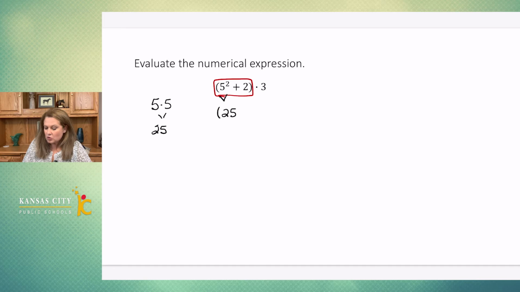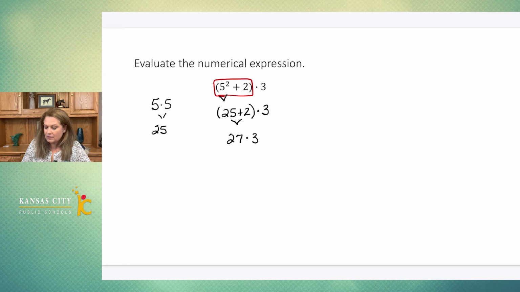So we're going to put that 25 plus 2 back in parentheses because we're not quite done with that. And we're going to multiply times 3. We're still not done with our parentheses, so we need to figure out what 25 plus 2 is, 27.